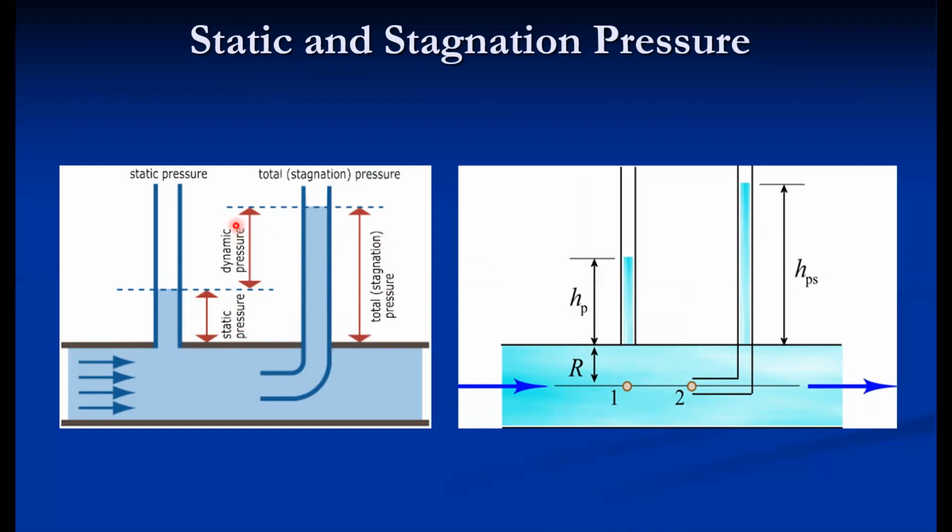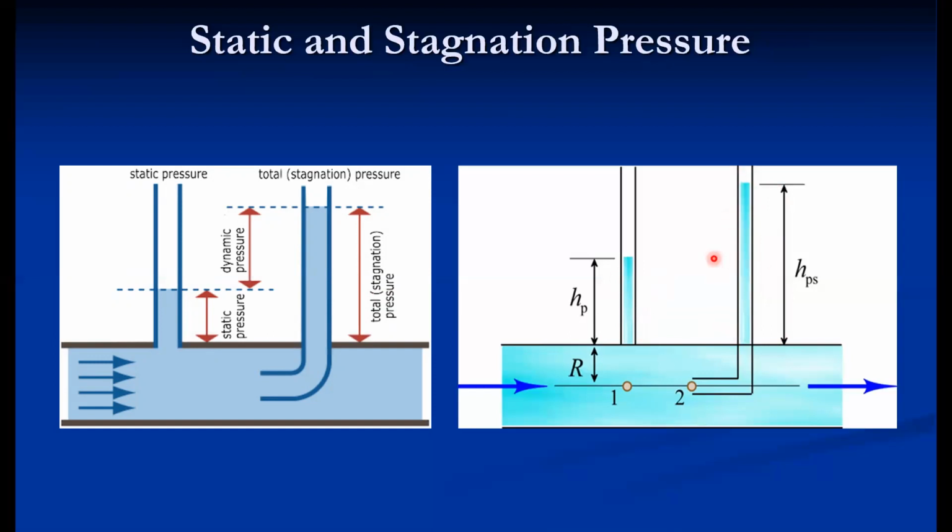If it is in Newton per meter square, it is called pressure, that is static pressure, dynamic pressure, and stagnation pressure. And if it is only in meter, then it is called the static head, and this is called the total head, or we can call it the stagnation head. The difference is called the dynamic head.